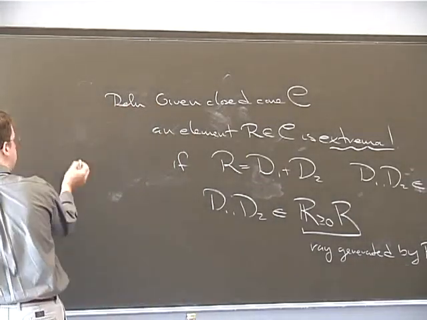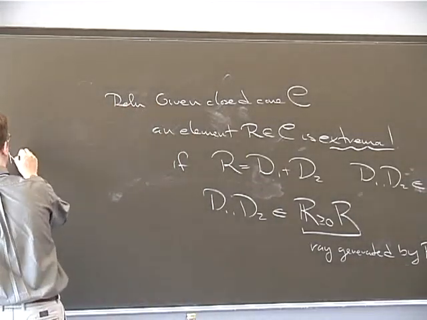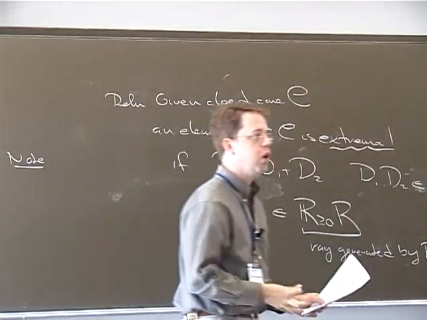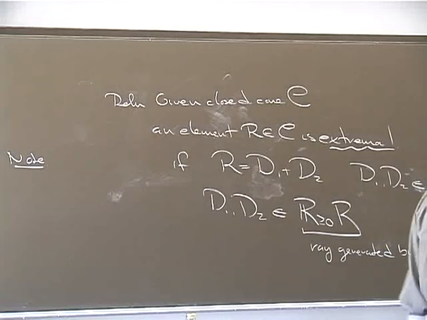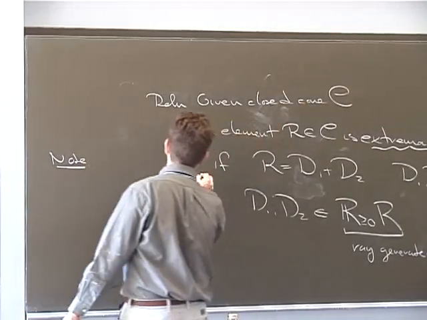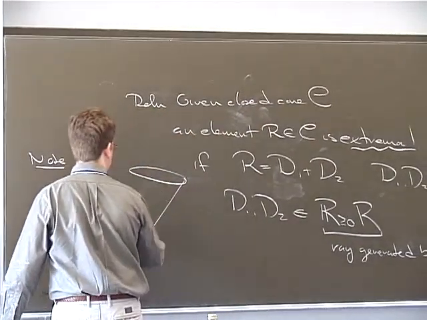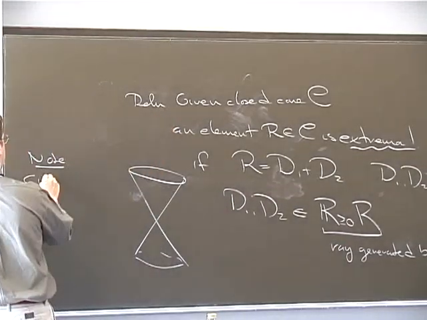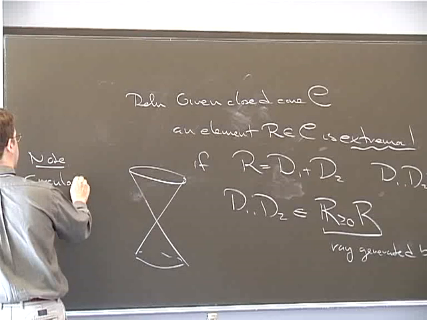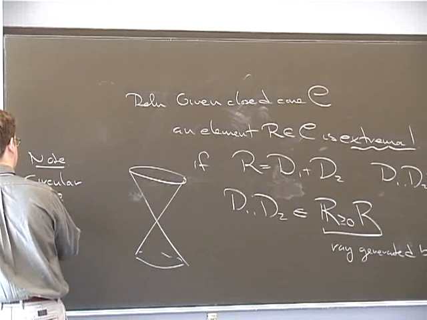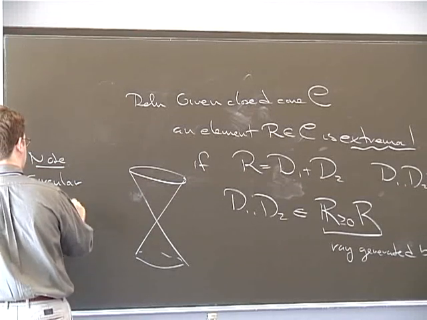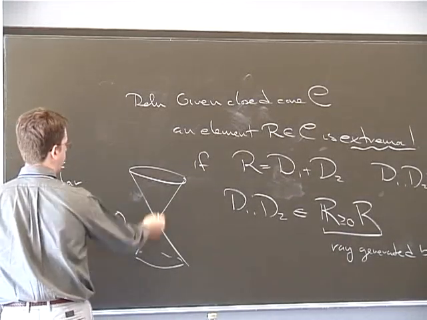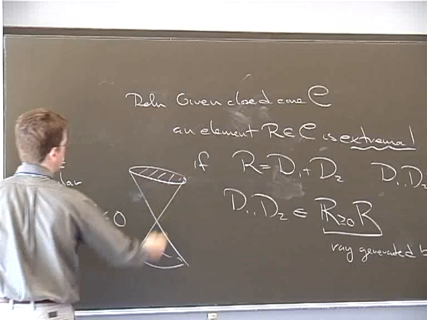Let me just make one last comment. There are, of course, lots of cones that have tons of extremal elements. So if I take this cone, a circular cone, so I want to take the interior of this cone.